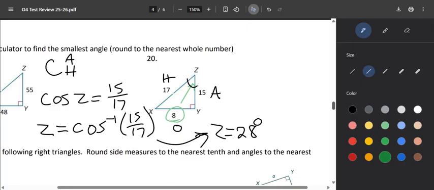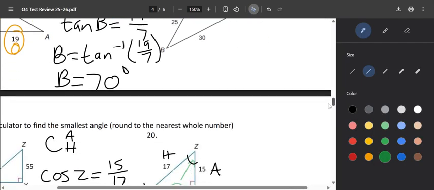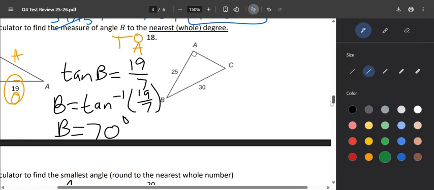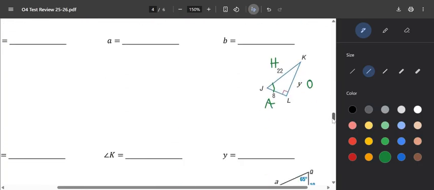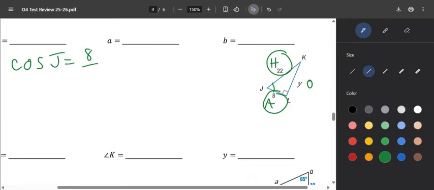There was no variable there. Same thing here, when we were finding that angle. So to find angle J, I need to use the ones that have actual numbers. So that's the hypotenuse and the adjacent. A and H is cosine.